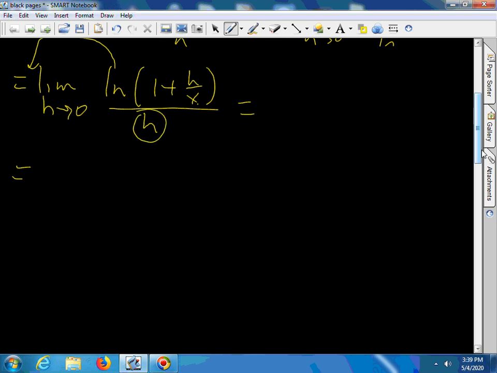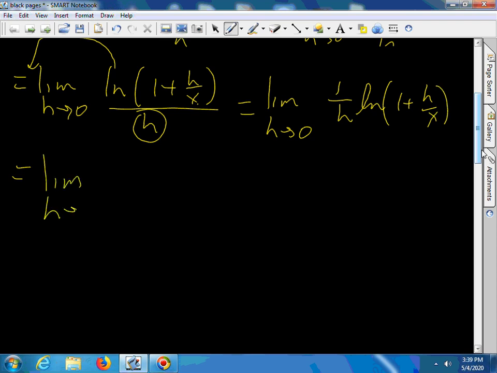Dividing by h is the same as multiplying by 1 over h. So this is 1 over h times this ln. Now, ln has a property, or any log has a property, that the multiple can go up as the exponent.